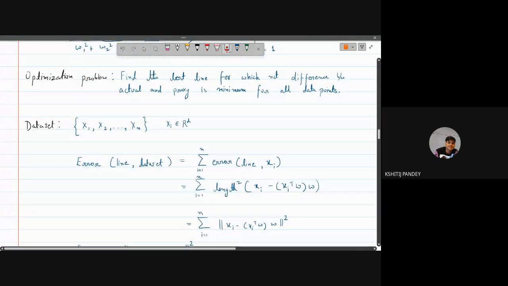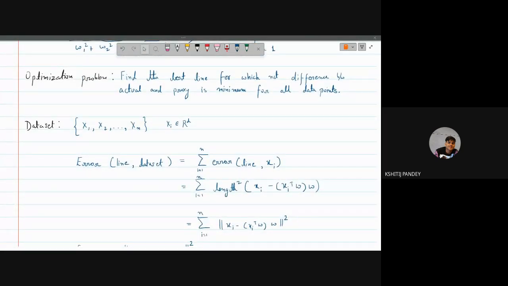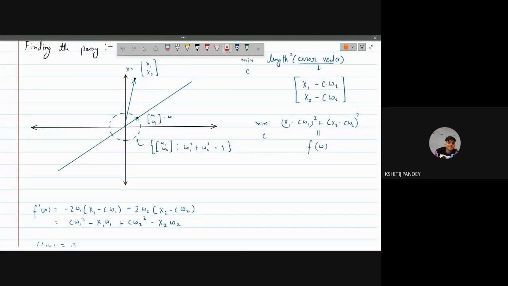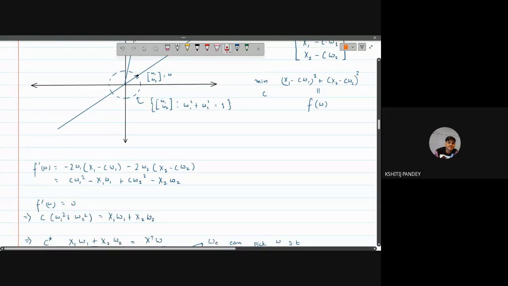One thing to mention: in our case we just have data points, like this, and we don't have any line. So we have to find a line such that the error for all the data points is minimum. We have to find the best fit line.